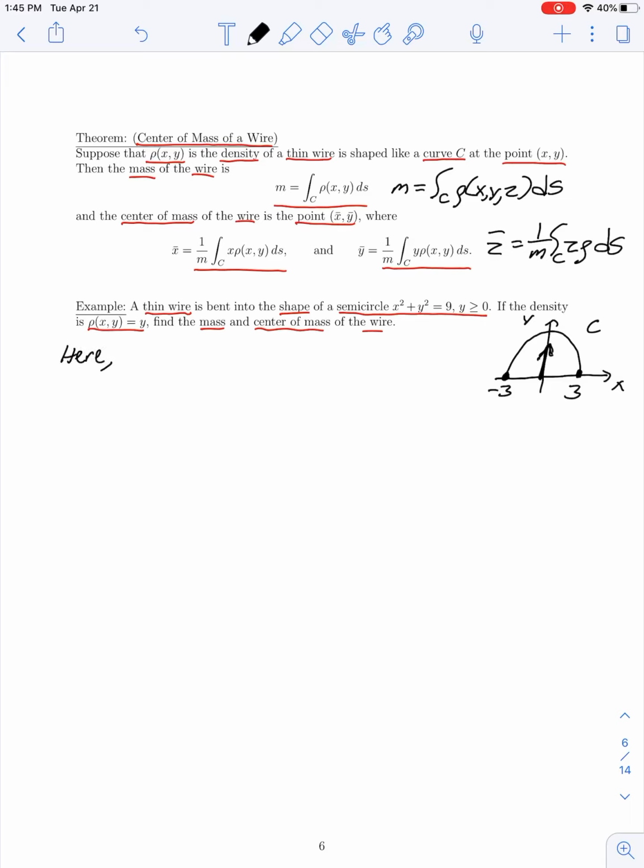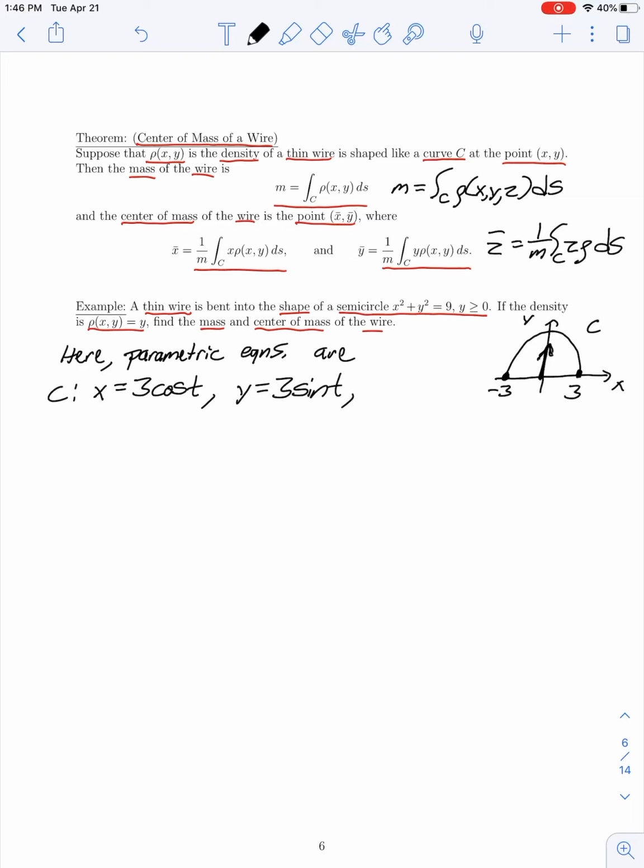So let's start by defining parametric equations for this semicircle. Parametric equations are given by, in polar coordinates for our curve C, x could be defined by 3 cosine of t. It's polar coordinates on a circle of radius r equals 3. Y would be 3 times sine of t.